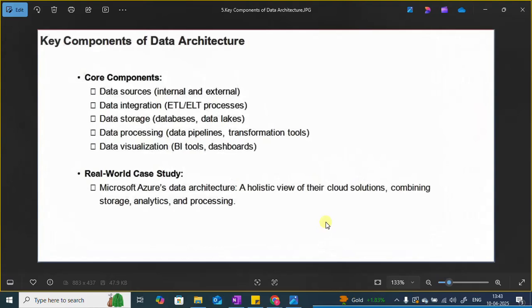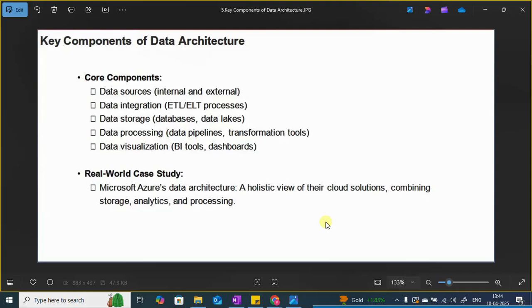Now, the core components. Data architecture basically contains four to five different core components. One is the data source, either internal or external. Data integration, where we use different kinds of ETL tools. Then data storage, which may be a database, file system, S3, or data lake, whatever it may be. Then data processing: data pipelines, transformation tools, and everything that comes under data processing.